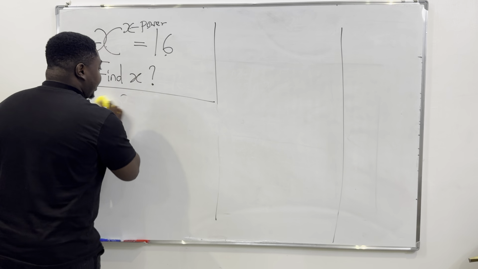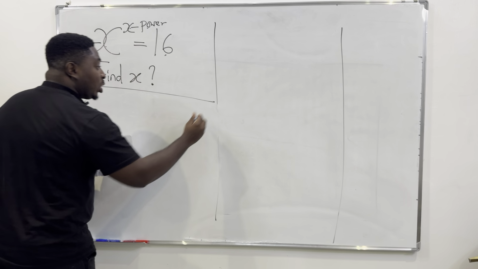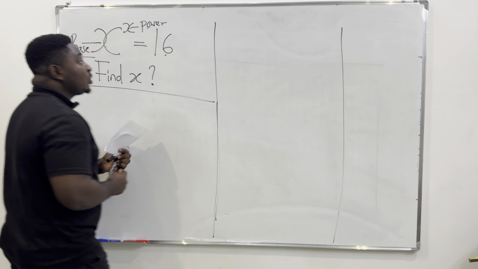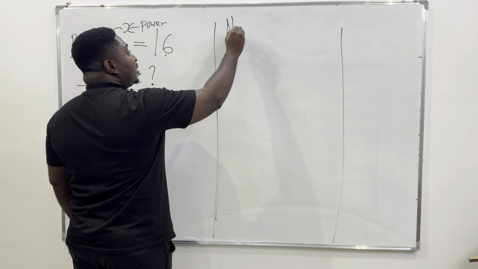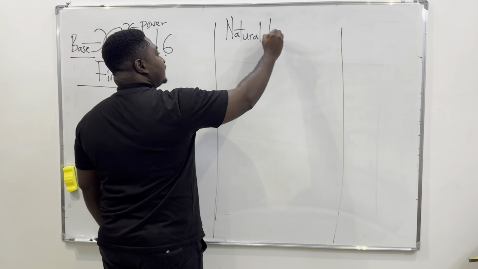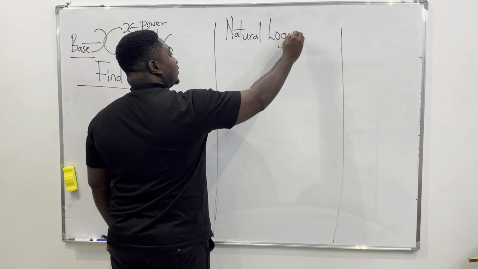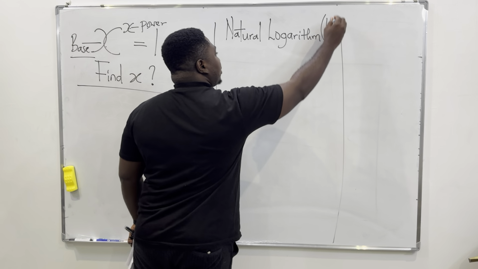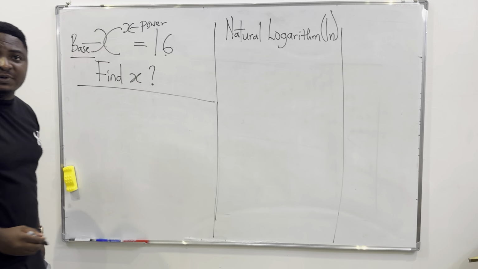The only thing we can do here is to introduce what we call the natural logarithm, ln. Please follow me carefully. Natural logarithm is what we're going to introduce to both sides of the expression.